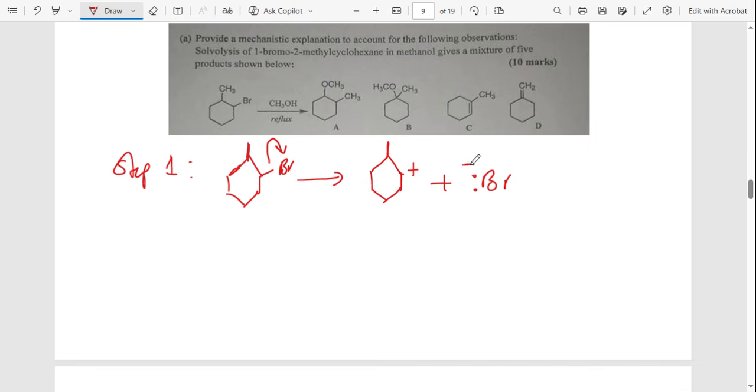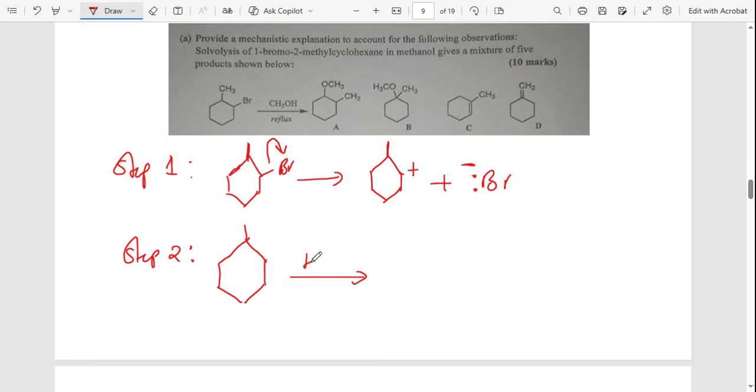And of course the Br has taken those 2 electrons and is negatively charged. In step 2, there is a possibility of what we call a hydride shift.